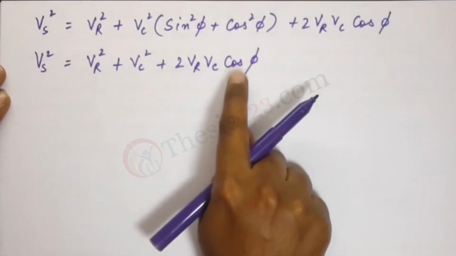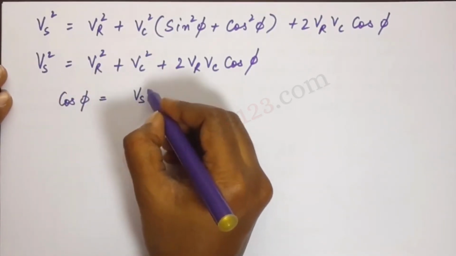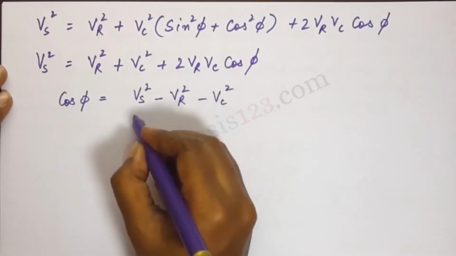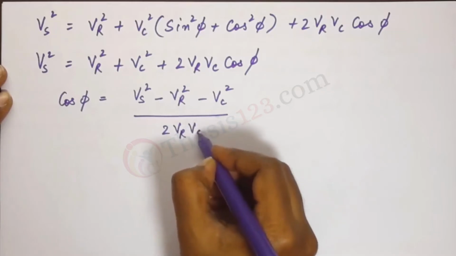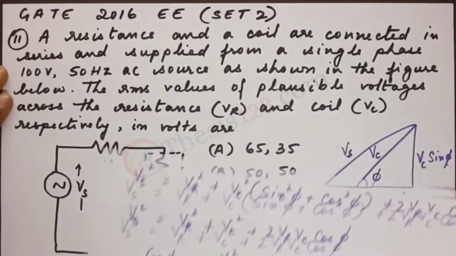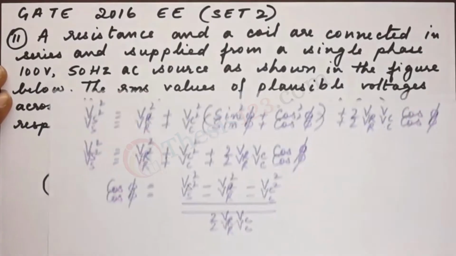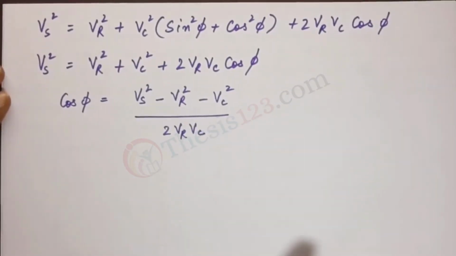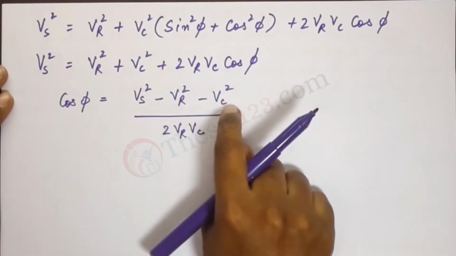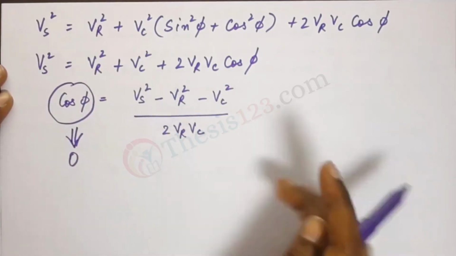So from here we can take out the expression for cos phi. So cos phi can be written as Vs square minus VR square minus VC square divided by 2 VR VC. If we check the values that have been given to us, 65, 35, 50, 50, 60, 90, 60, 80, we are supposed to find out for what values of VR and VC we get cos phi as 0.